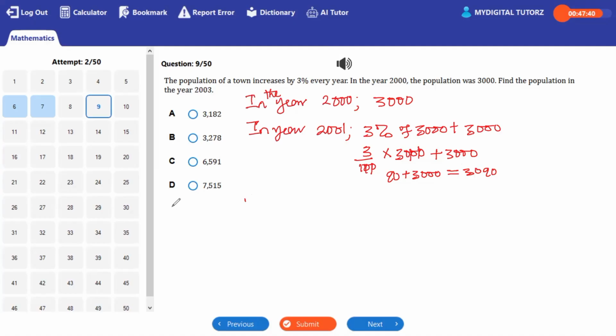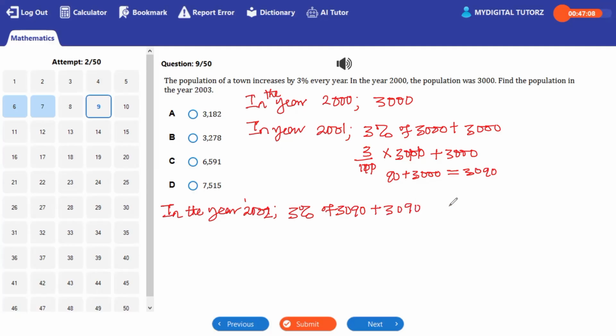Now, in the year 2002, the population will be 3% of what we had in the year 2001, which was 3,090, plus 3,090.